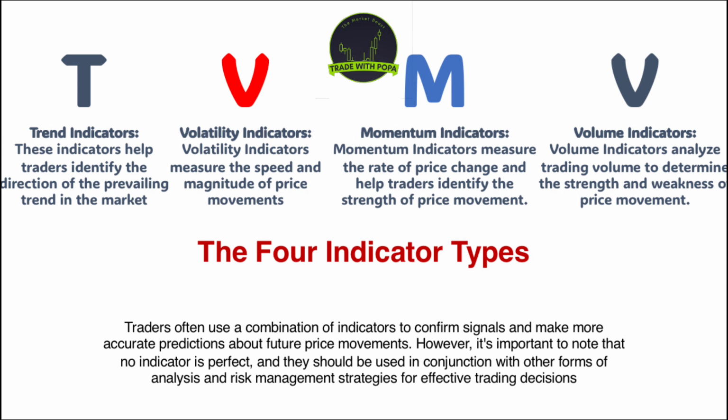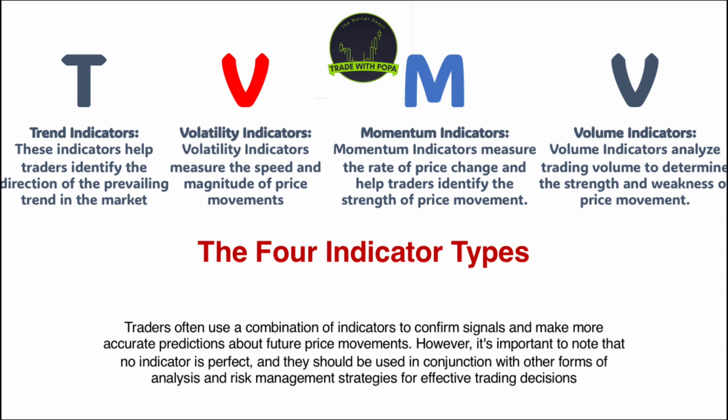Now, there are 4 types of indicators. The first one we have is the trend indicator, the second, the volatility indicators, third, momentum indicators, and fourth, volume indicators. Now, the trend indicators help traders to identify the direction of the prevailing trend in the market.